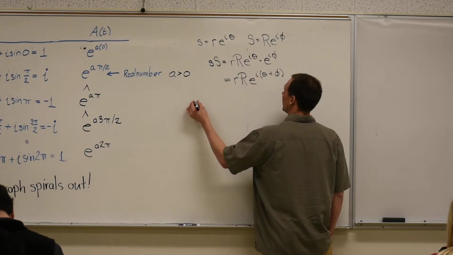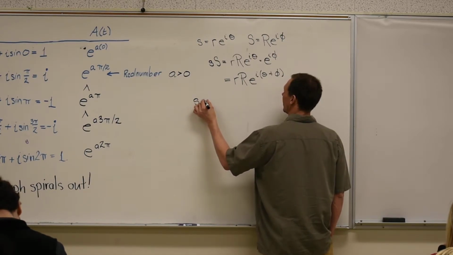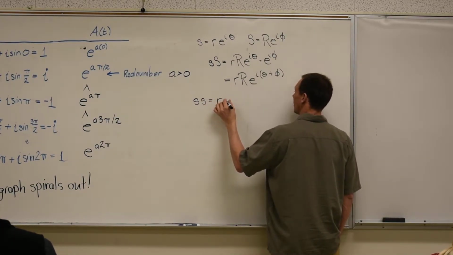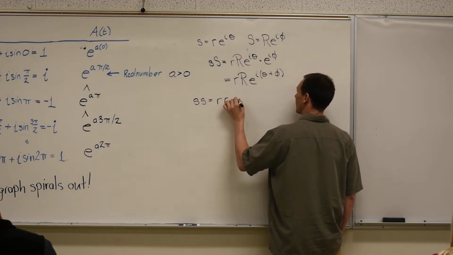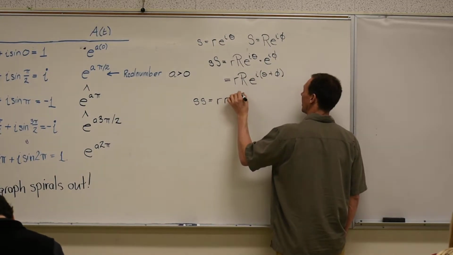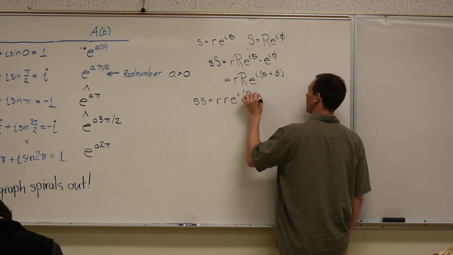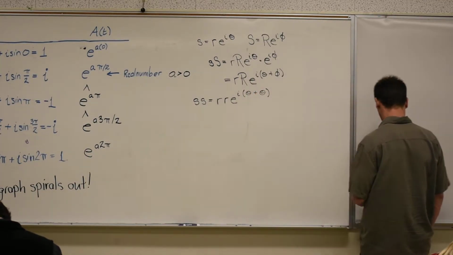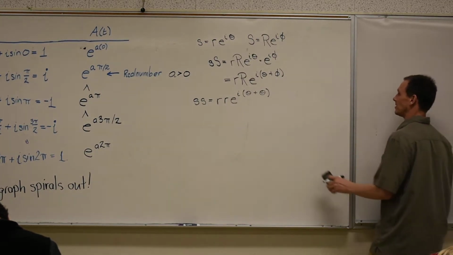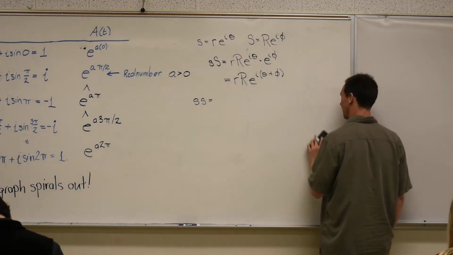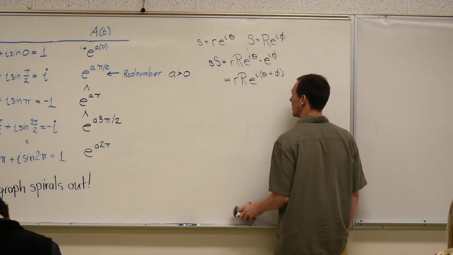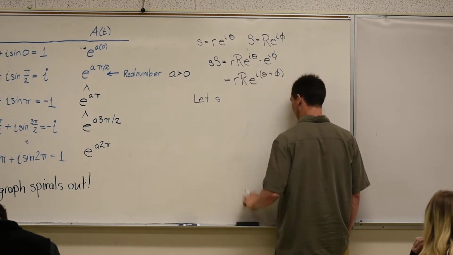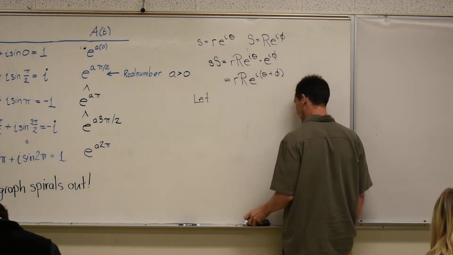Let's try this. If I take s and I multiply it by s, that would be r times e to the i, parentheses, theta plus theta. Is that what I want to do? Not exactly. No, don't write that. Let's try this. Not s. Let lowercase r be 1.